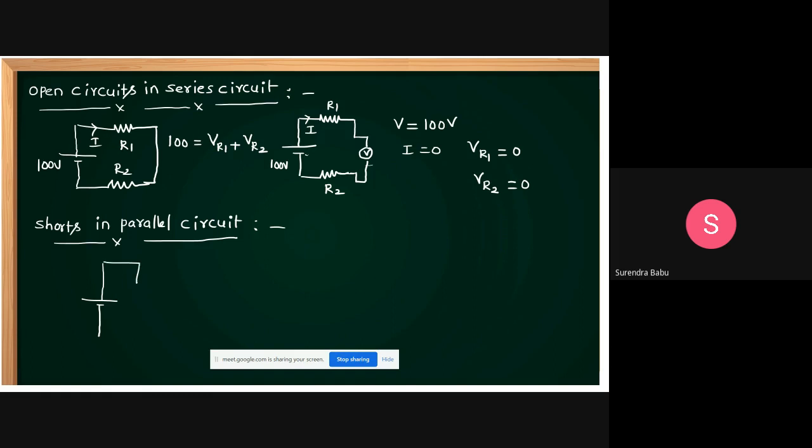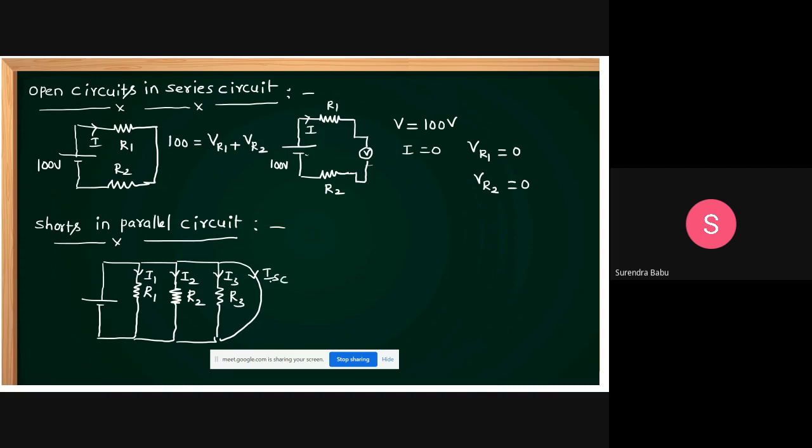Here I connected some resistances: this is R1, this is R2, and this is R3. Let the current through this one be I1, through this one I2, and through this one I3. And it is shorted like this.